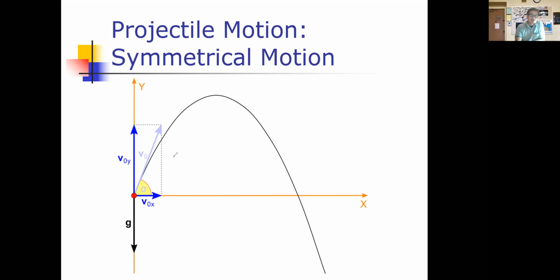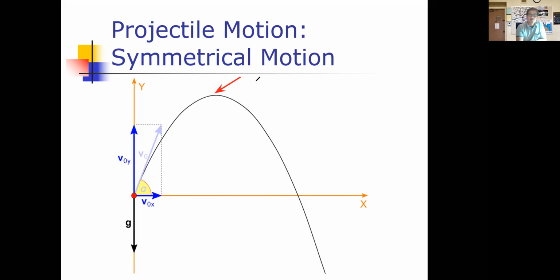So you shoot an object up in the air. Here is the initial velocity, and this is the launch angle, which we call alpha. Here is the y component of the initial velocity and the x component of the initial velocity. At the very top of this motion, at this point right here, we have the object reaching its height.